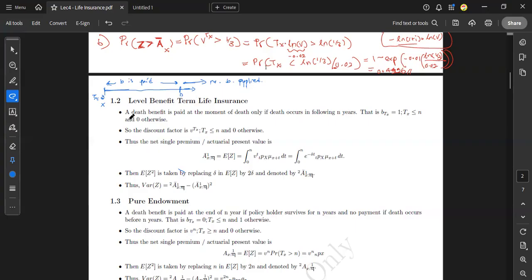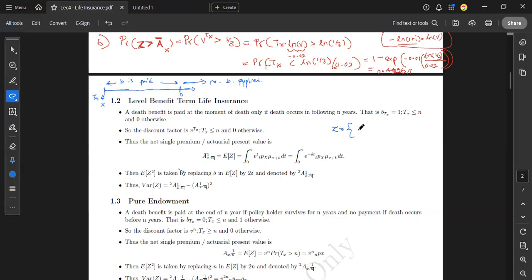Here, the death benefit is paid at the moment of death. That is why it's continuous, and that's why we use TX. If the death occurs during the next n years, since it is level and we are talking about the net single premium, we let the benefit be $1 if TX is less than or equal to n and 0 otherwise. The discount factor is v^TX, but it's only valid for the given time.